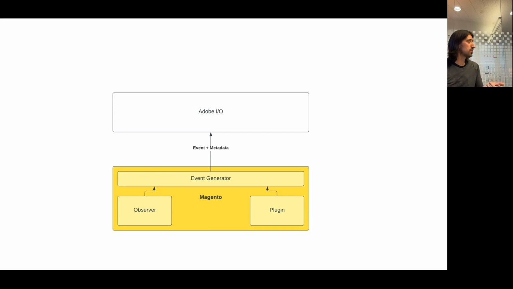So they provided the extension. You register your event by defining the service contract path, or creating the plugin for this element, or using the observers, and it automatically generates the module which has the plugin or observer for a particular element, and then this data is sent to Adobe I/O, and you have all those events there.